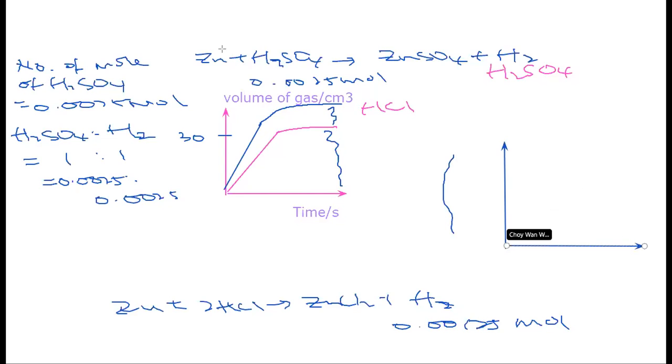Okay, now you have another line here. This is the one using the H2SO4. The pink is the one using H2SO4.